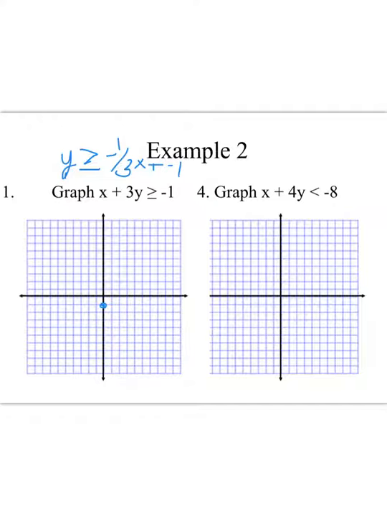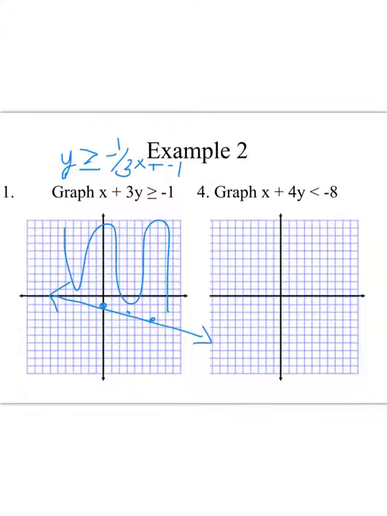My slope is down 1 over 3. It is going to be a solid line. And when I plug in (0, 0) to shade, I end up with 0 plus 0 being greater than or equal to -1. 0 is in fact greater than -1, so I would shade above the line.